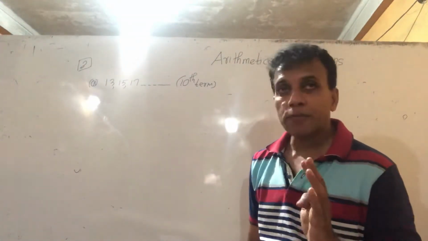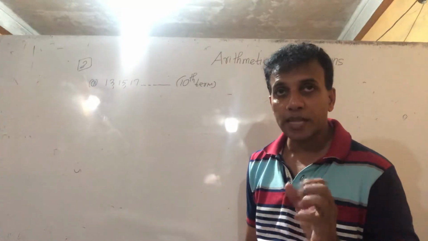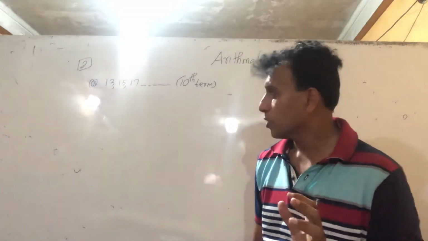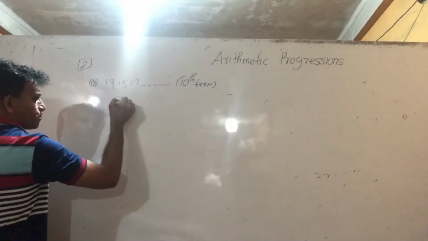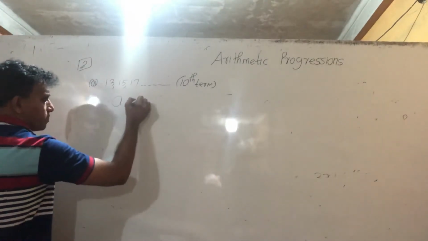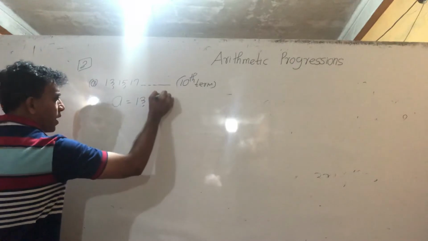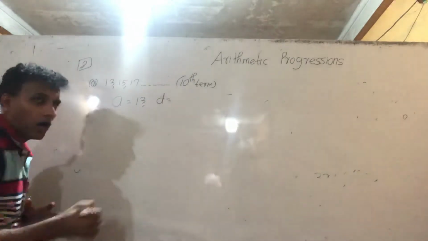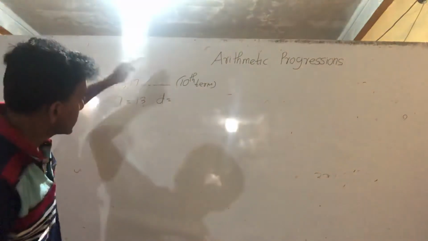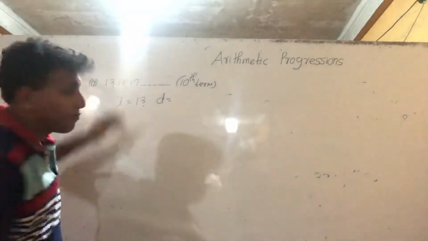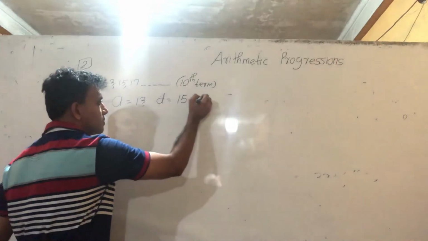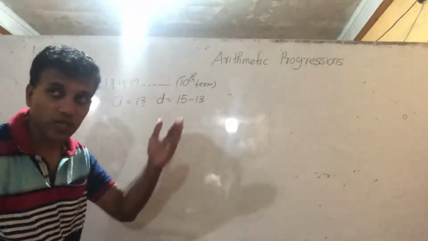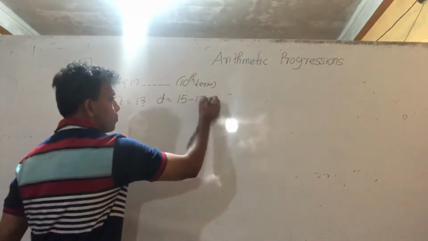Every time you solve an arithmetic series problem, don't miss writing the first term, 13, and the common difference. How to get the common difference? Successive subtract. 15 subtract 13, as I mentioned earlier. So what is that? 2.